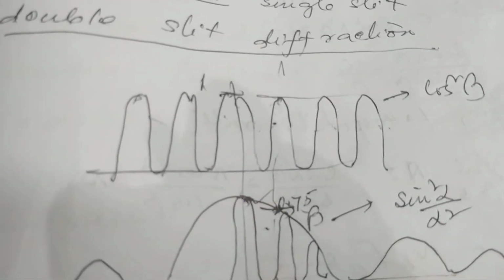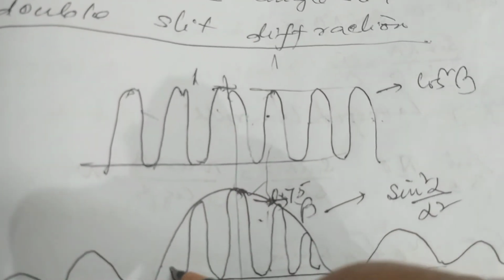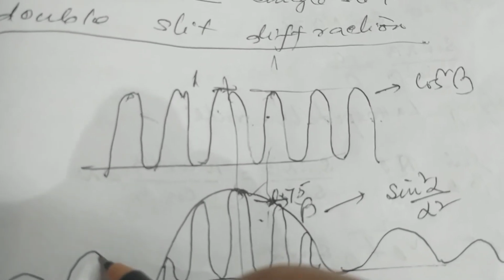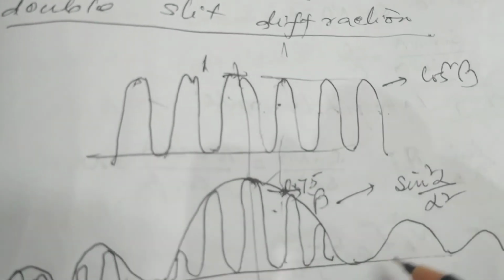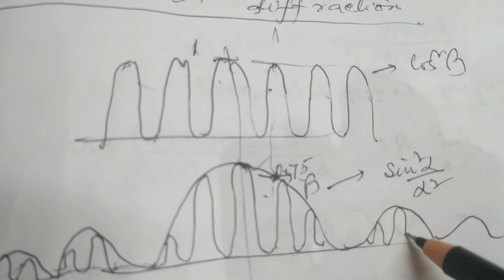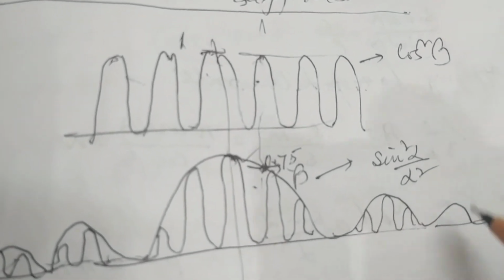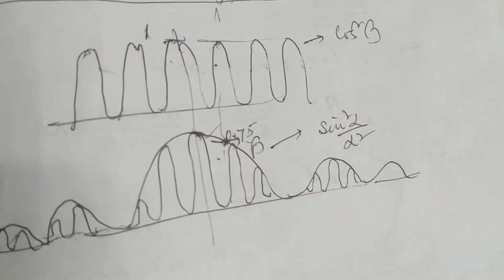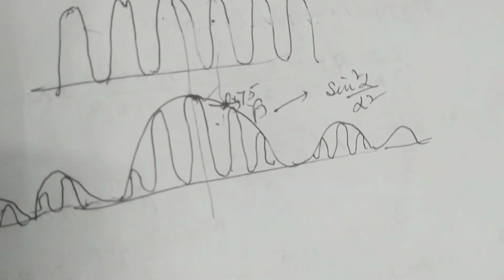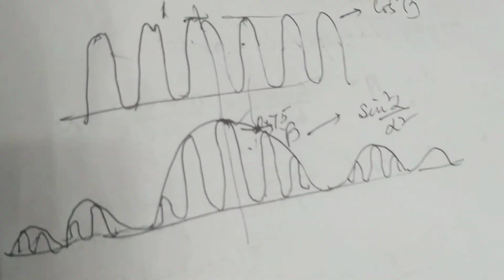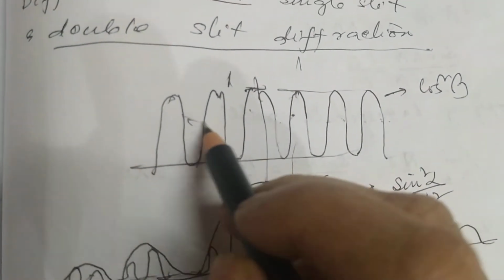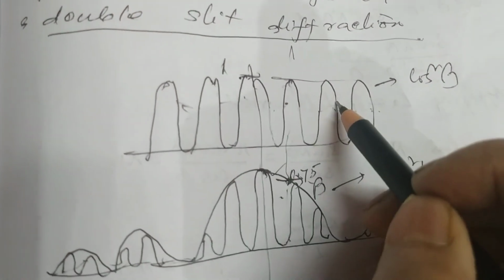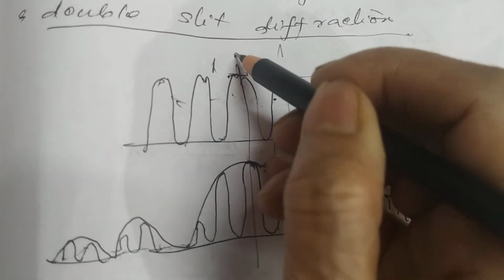These are my interference fringes. Here I am getting interference fringes modulated by the diffraction curve. In the case of double slit interference, I got fringes of equal intensity. Here this is my intensity.